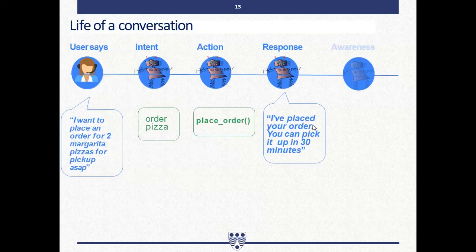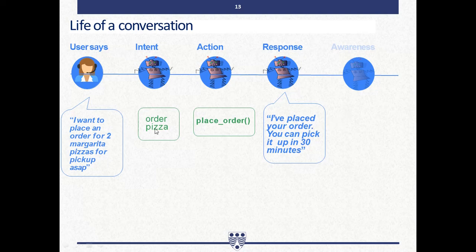Now it all starts with what the user says. When a user says something, your agent should be able to identify the user's intention. For instance, the user requests for a pizza. Your agent should be able to trigger an order pizza intent, which is the intention of the user, which is to order a pizza.